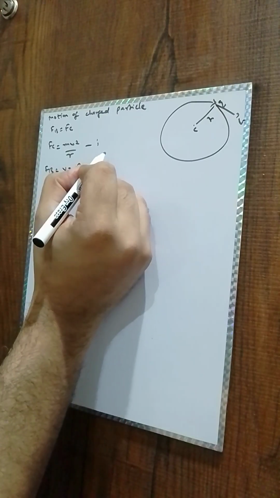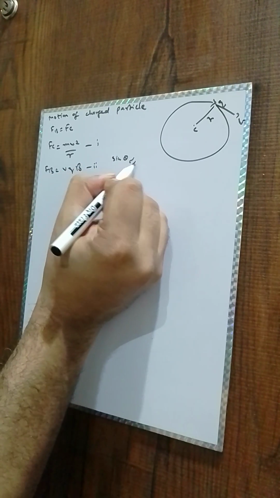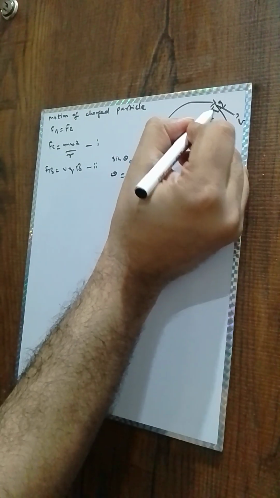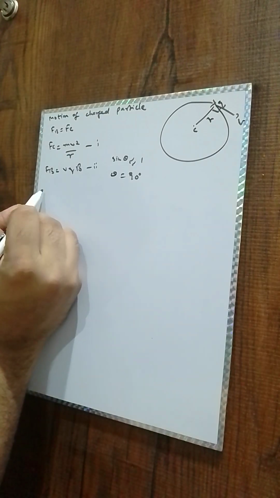Here the assumption is sine theta is equal to 1 because theta is equal to 90 degrees, in the case of tangential linear velocity. So sine theta is 1 and the force is qvB. So we equate the two.